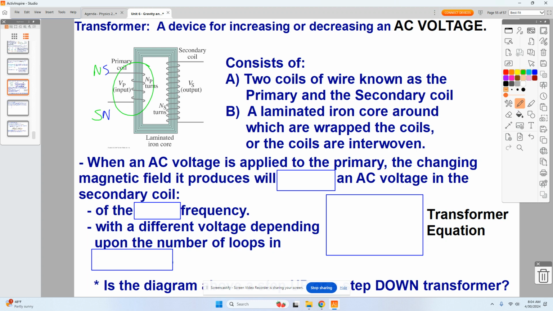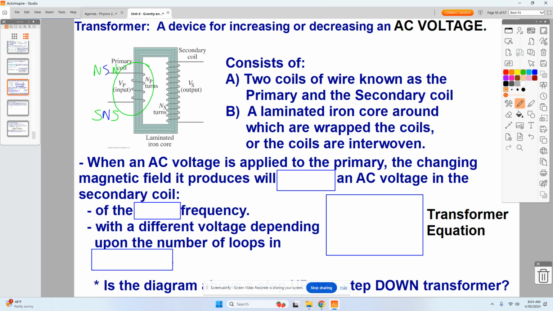So since I have an alternating current on the primary side, I am inducing a changing magnetic field in the iron core.